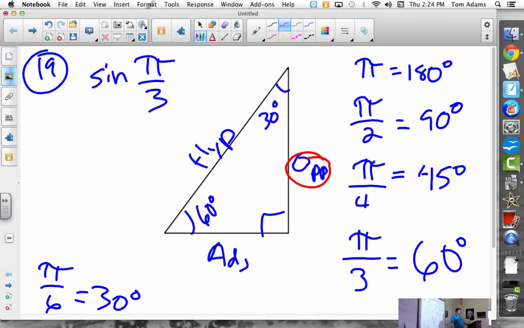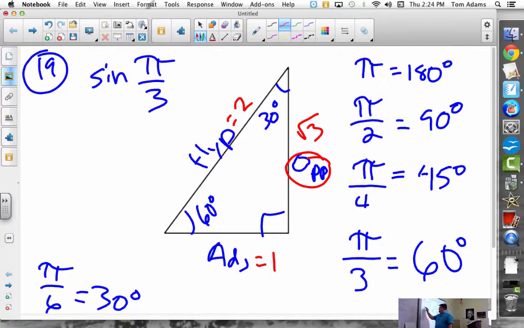Who remembers the ratios of the 30-60 triangle? No, it's 1, 2, root 3. The shortest side is 1, the hypotenuse is always 2, and the one left over is the square root of 3.